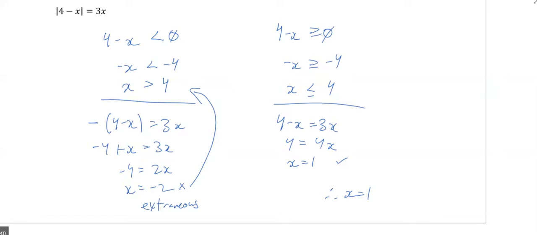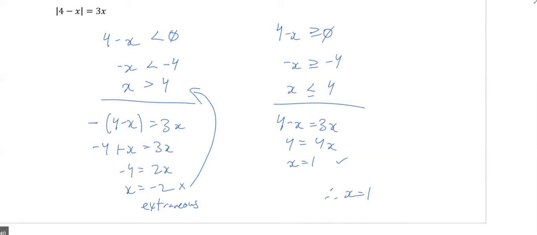That solution doesn't work. I suppose that's the other way you could check your solutions, is you could plug them into the equation and see if it works. Remember what we're doing. We're finding values of x that make the equation true. And this one doesn't. And what about 1? 4 minus 1 is 3. 3 times 1 is 3. Works fine. Pretty simple.